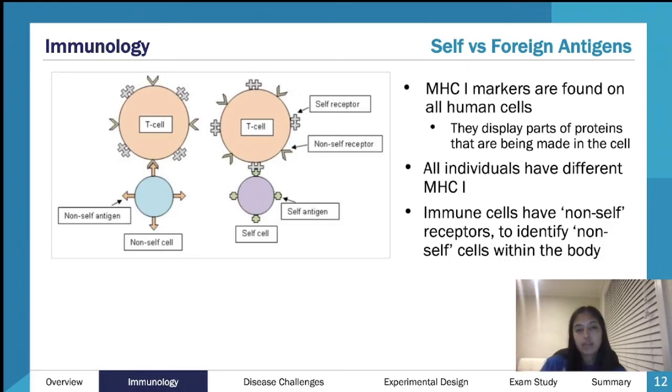A very important theme of immunity. Your MHC1 markers, as I mentioned, are your self-antigens, and stuff that might be on a pathogen is your non-self-antigen. So T cells are able to detect what belongs in the body and what doesn't.